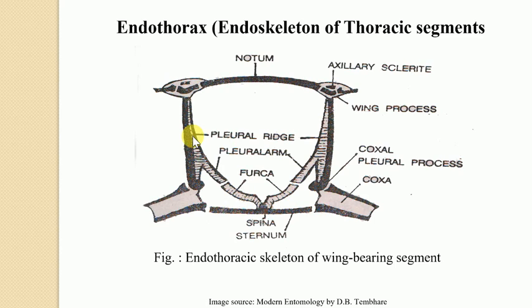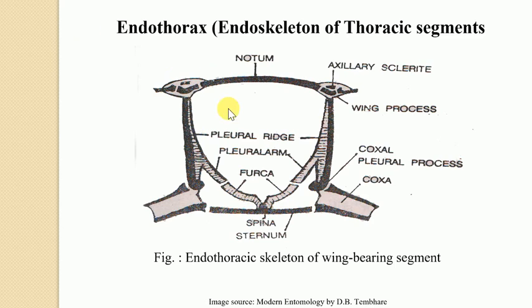So these exoskeletal structures constitute a compact thoracic endoskeleton, popularly known as the endothorax. Owing to the origin, the endothorax is composed of three types of endoskeletal processes.